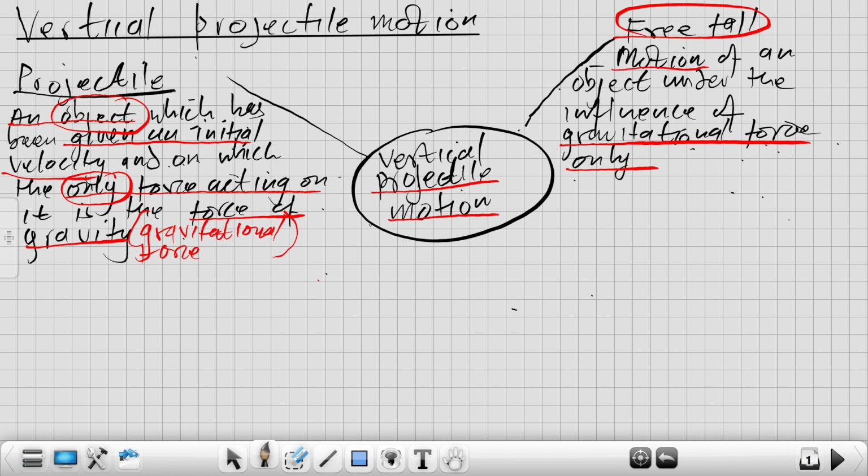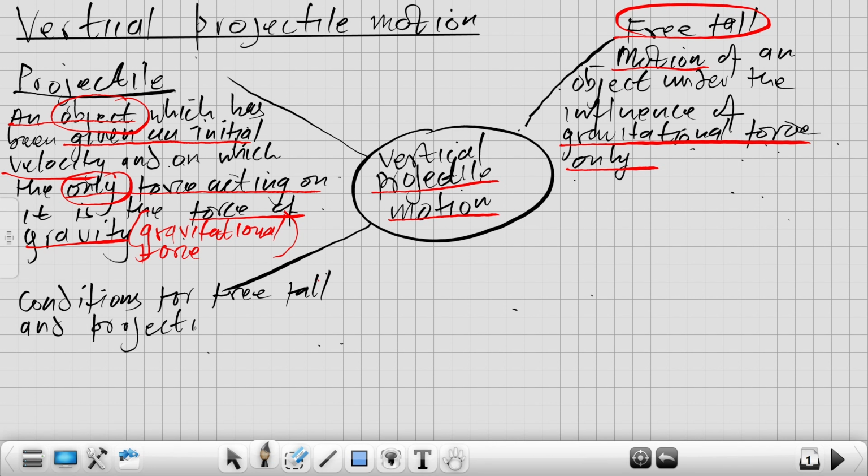Then it is also important to have the conditions for free fall and projectile. One, we need to be told that we need to ignore air resistance or effects of friction.